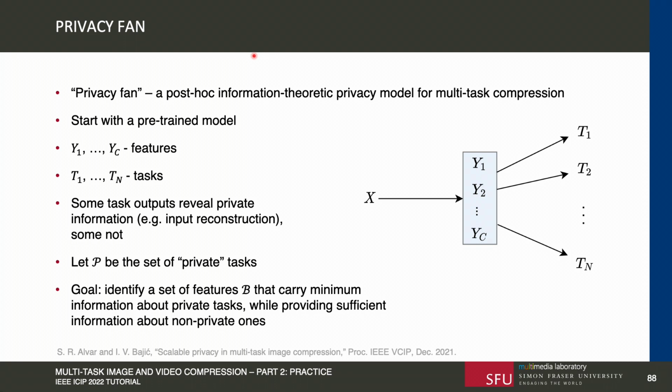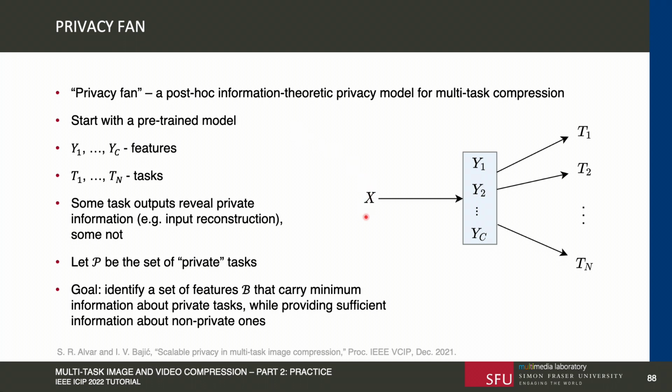Once the system is fully trained and frozen, it is possible to apply this privacy fan to it to make the system more privacy friendly. Information theoretic here means that the notion of privacy is expressed in terms of mutual information.